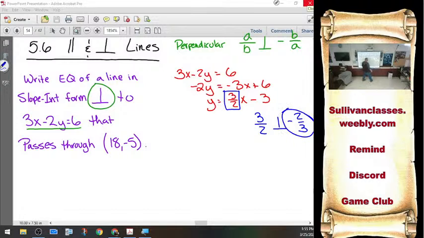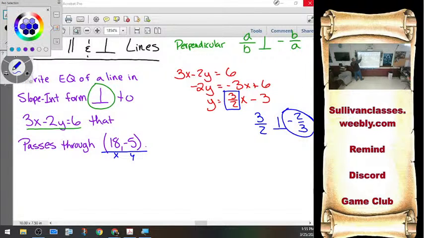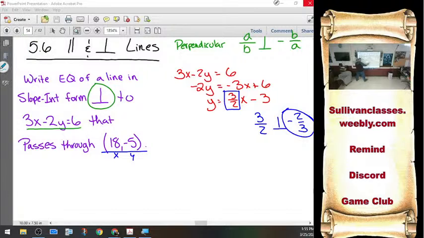Apparently we had just enough that we were able to grab something off the other screen. I've got a slope and I've got a point, x, y. So it would be a good idea to use point slope form. y minus y1 is m times x minus x1.